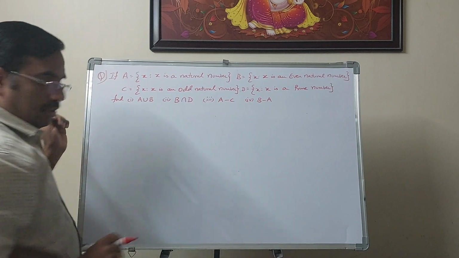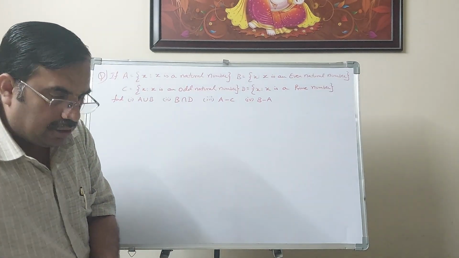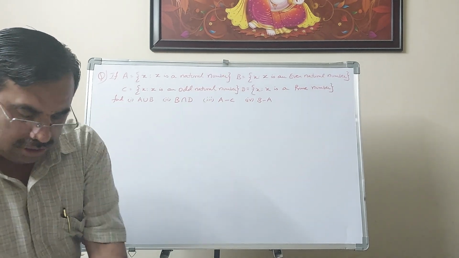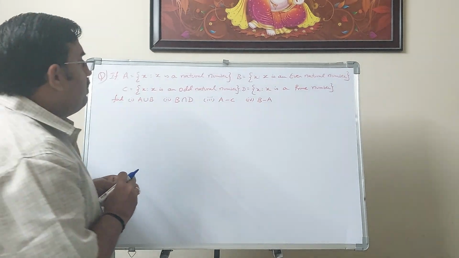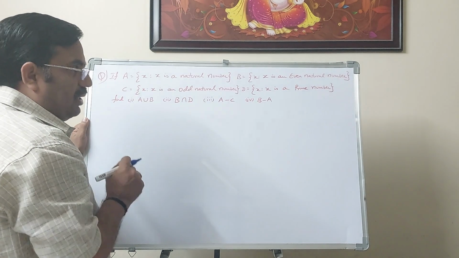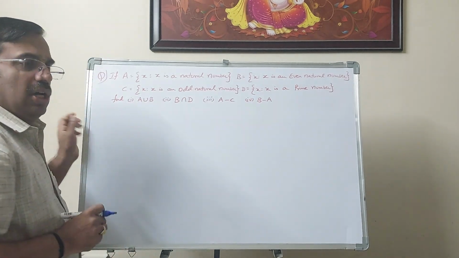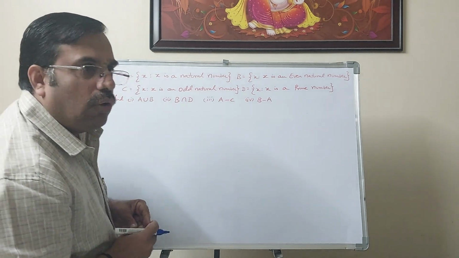This is the question. For this type of question, the elements were not given. It was given in a set builder form. So, for all these things, you have to write down the elements first. Before writing the elements, you have to understand some basic concepts which you have already studied in your lower classes.